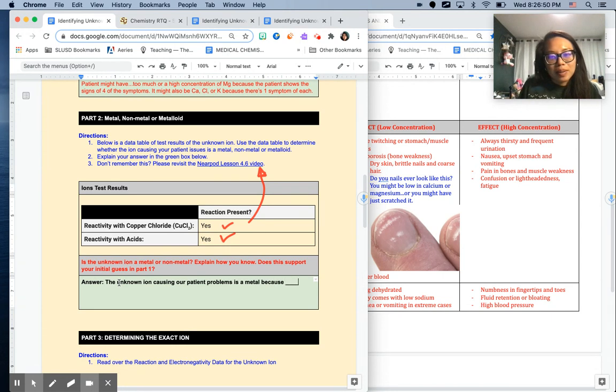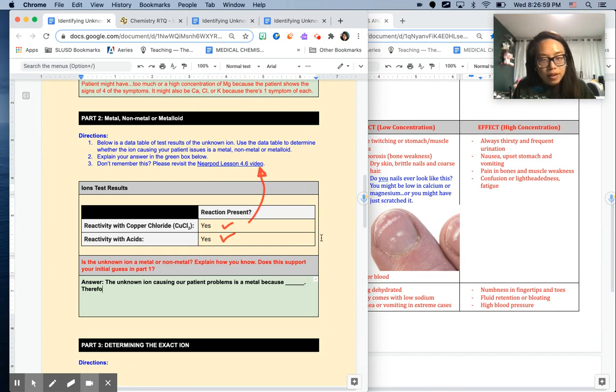I'm going to leave that blank, because that's for you to figure out for your patients. So therefore, the unknown ion is a metal, meaning it could be Ca or K. So that's my guess.